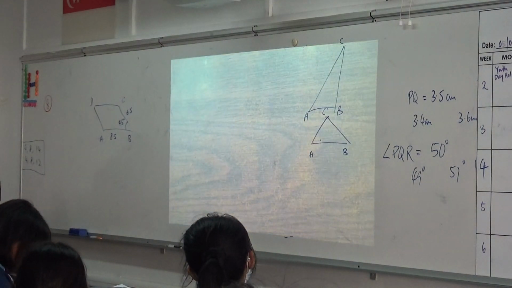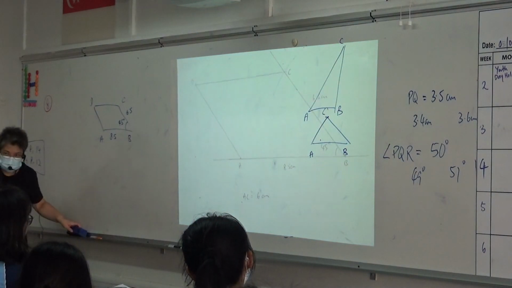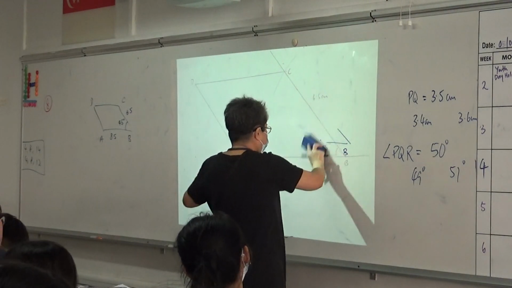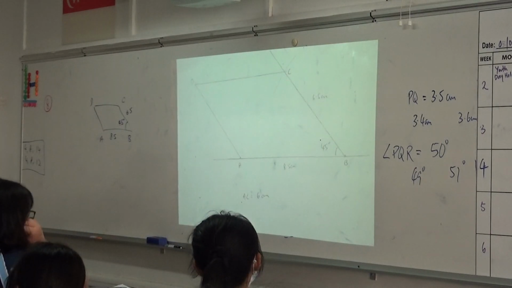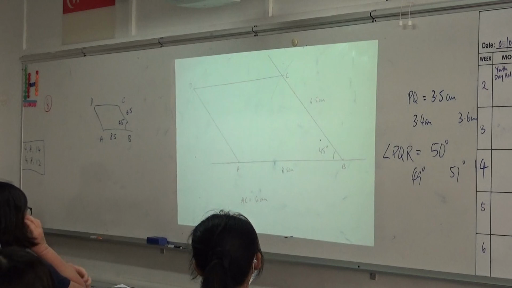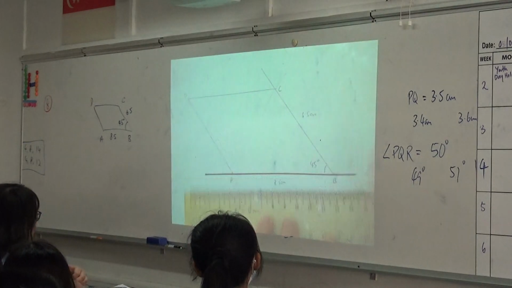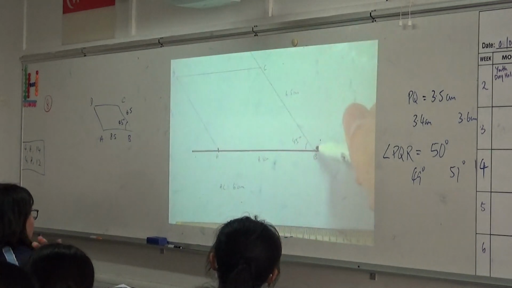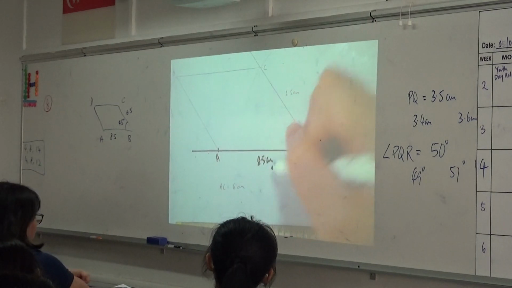Okay, I will show you now. This one is important, so I want everybody to look at the board. Okay, all of you look at the board. Can you see, first of all, I draw a straight line like that. Can you see now? Then I measure out what? What's AB? 8.5 cm.